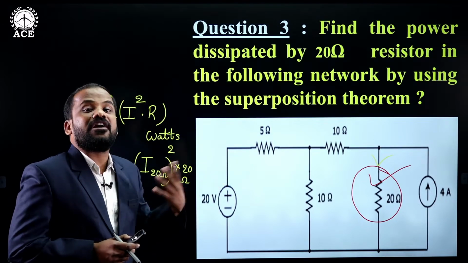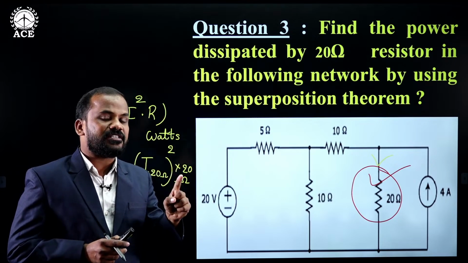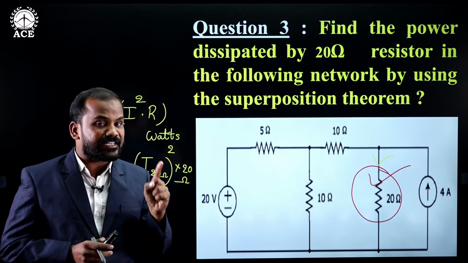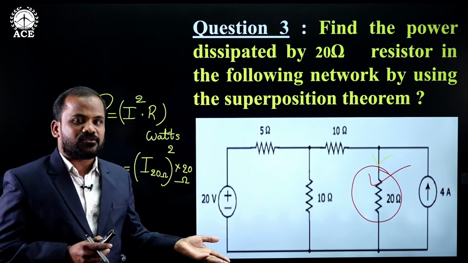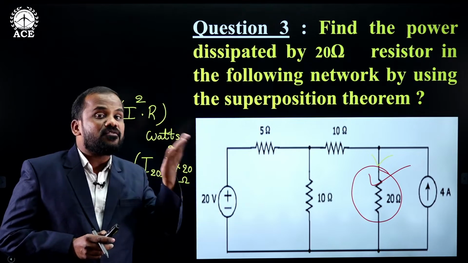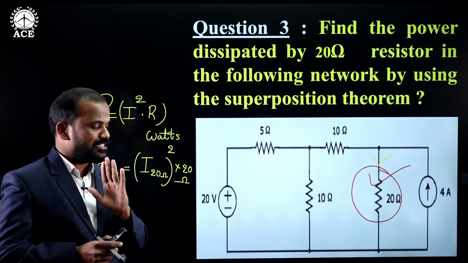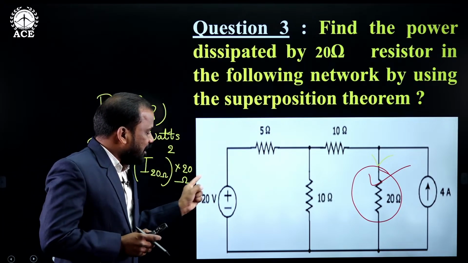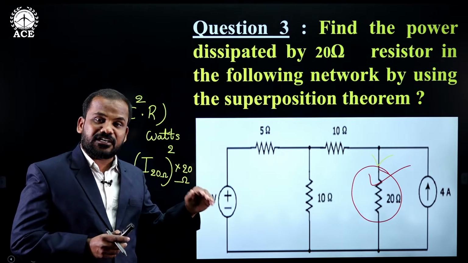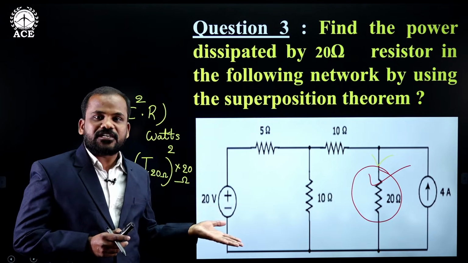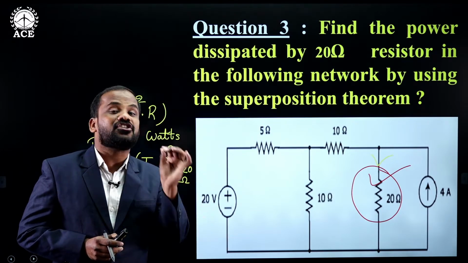The most important point is that when one voltage source is acting alone, and the network consists of other voltage sources, then all the other voltage sources act as a short circuit.